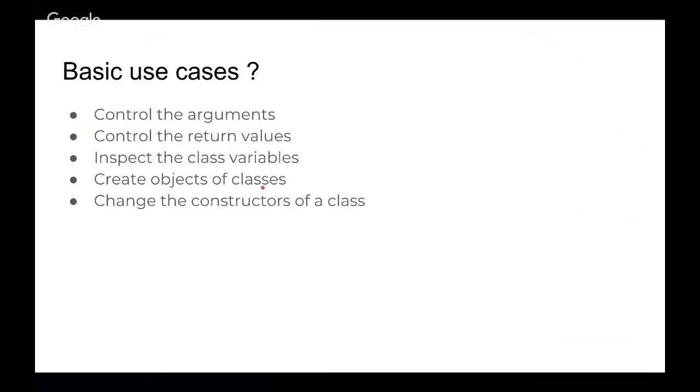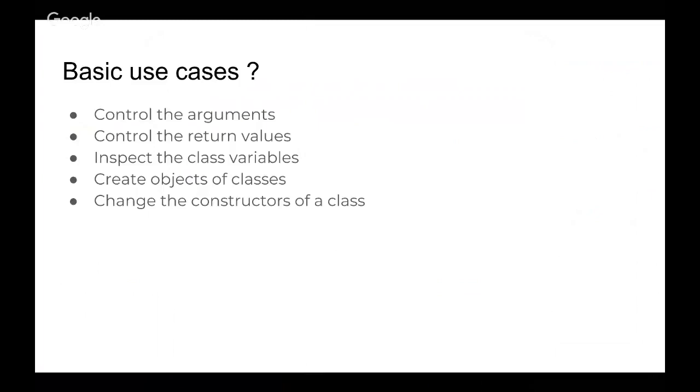Okay, what are the basic use cases we have looked at till now? Initially we saw that we can attach to the process and control the variables being passed as arguments or control the return values. For example, I see this mostly in root detection apps, where they check most of the places where root might exist, where the root shell may exist. Then they return true or false.